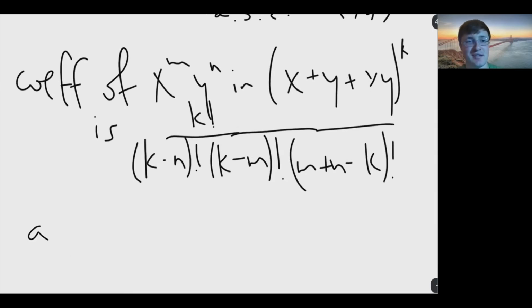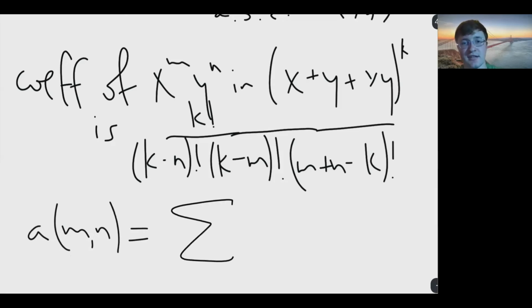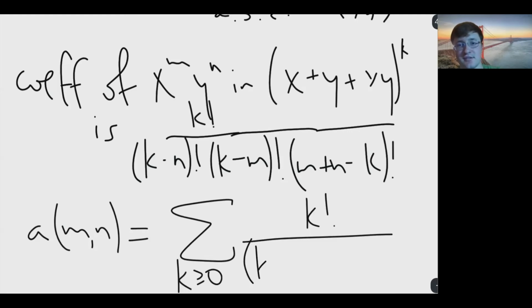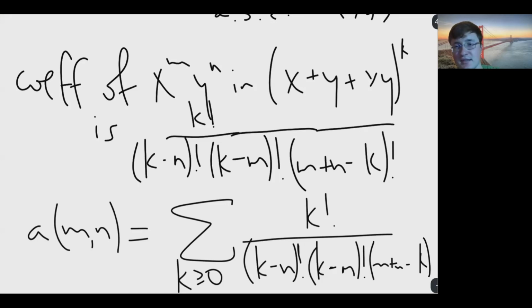So amn is the sum over all k's of k factorial over k minus n factorial, k minus m factorial, and then m plus n minus k factorial. Okay, so it's not a very pretty formula, but each of these things is an integer.